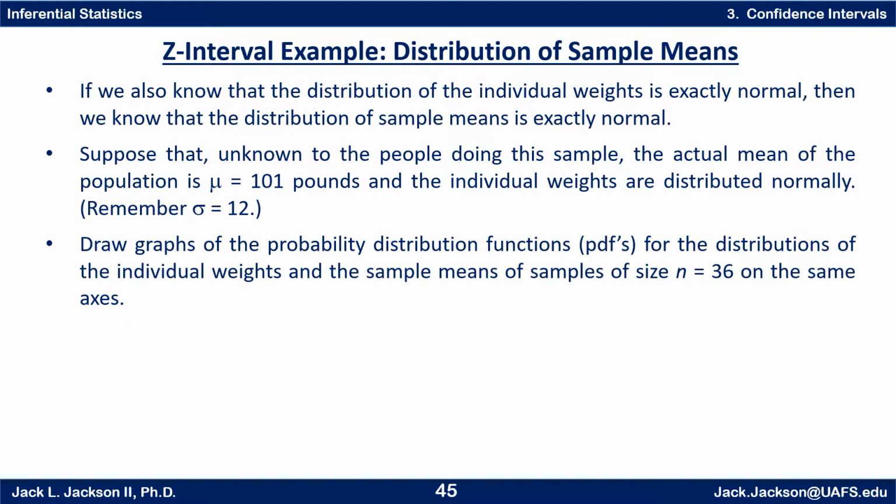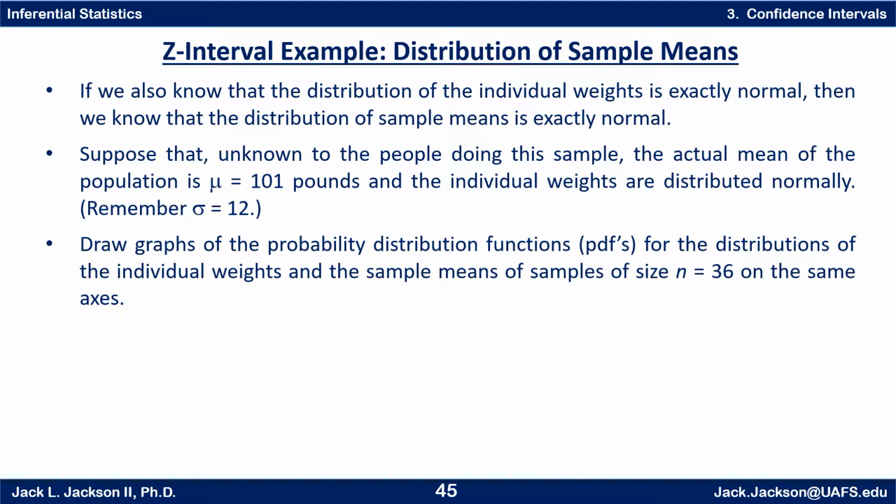If we also know that the distribution of individual weights is exactly normal, not really unusual for this, then we know that this distribution of sample means is also exactly normal. Suppose that, unknown to the people doing the sample, the actual mean of the population, mu, is 101 pounds, and the individual weights are distributed normally. Remember, sigma is 12.